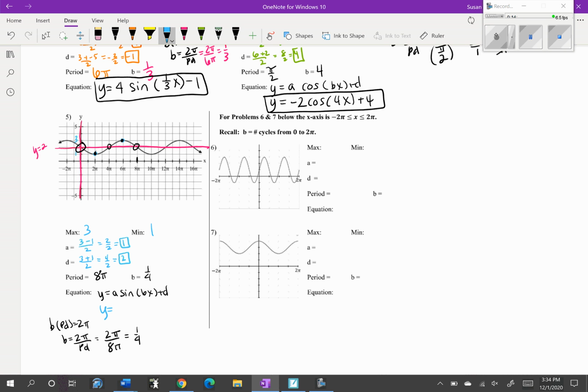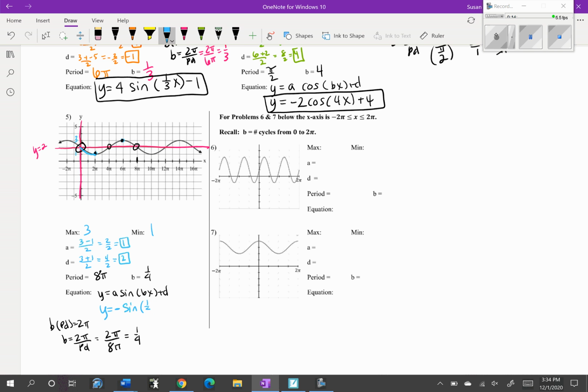So y is equal to, notice your sine graph goes down first instead of up like a normal sine graph. That means we need to have a reflection. So y is equal to negative, you could put -1 if you want to, but you don't have to. You could just write negative sine, and then our b value is 1/4 times x. If you also want to write that as x/4, that's fine. Just make sure it doesn't look like the x is in the denominator, because sometimes I see students write this, and that's not the same thing.